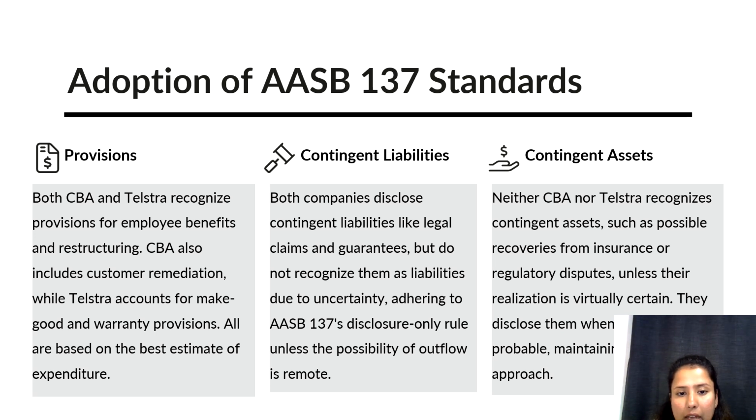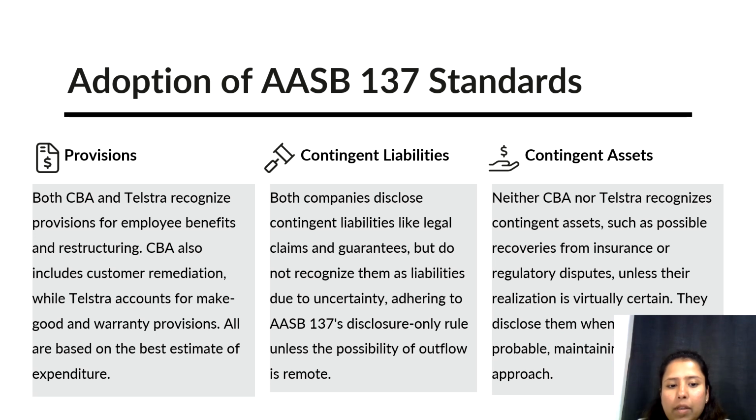Next is the contingent liabilities. Both companies disclose contingent liabilities like legal claims and guarantees, but they do not recognize them as liabilities due to uncertainty, which is completely adhering to the accounting standard 137, a disclosure-only rule unless the possibility of outflow is remote. Lastly, the contingent assets.